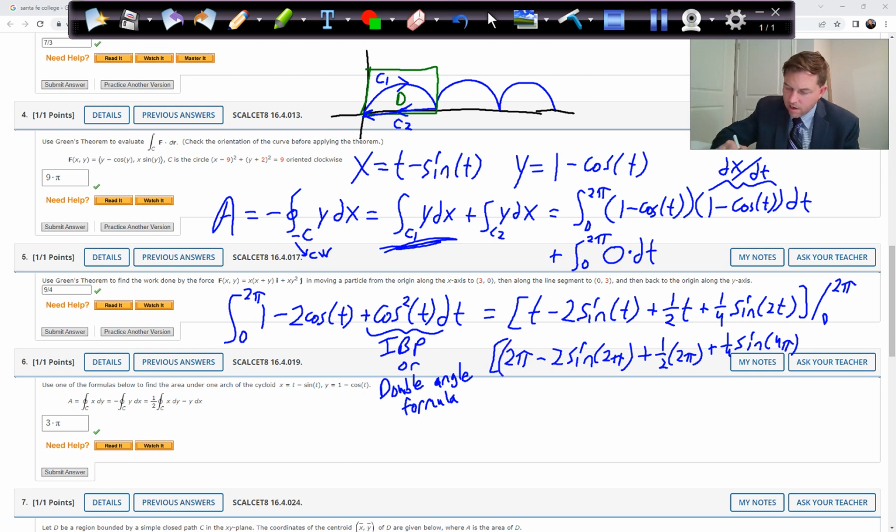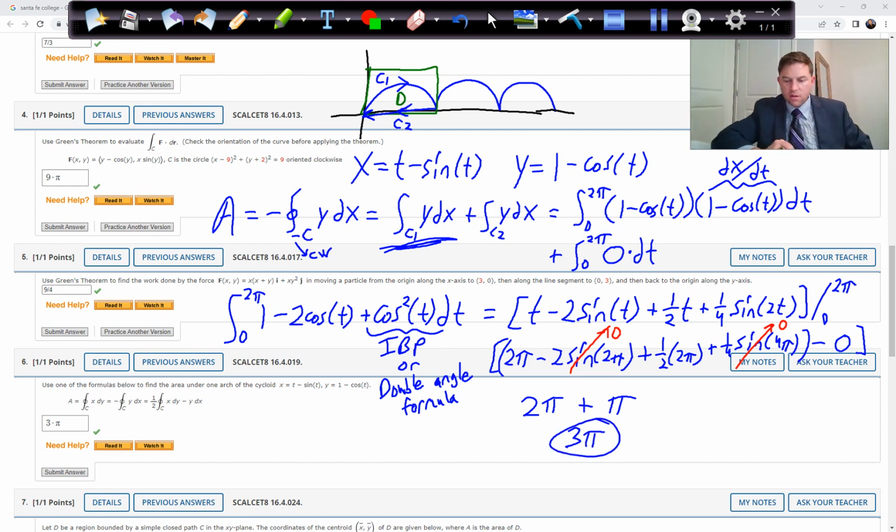That's all just the 2 pi one, minus, if you plug 0 in here, because every term has a t in it, and sine of 0 is 0, the lower limit when you plug it in is all 0. This is going to give us 2 pi. Sine of 2 pi is also 0. Sine of 4 pi is 0. So we get a pretty simple result. It's 2 pi plus 1/2 of 2 pi, which is 1 pi. The answer would be 3 pi. And that would be problem 6, cycloid, and we actually did the line integrals, not Green's theorem double integral.